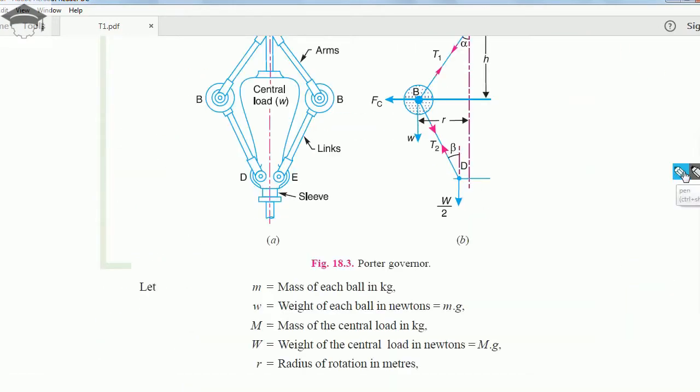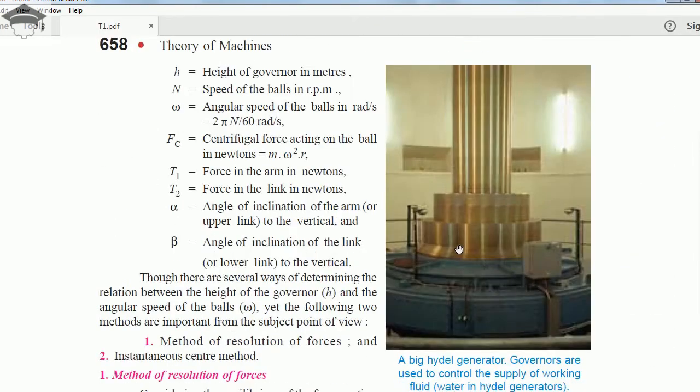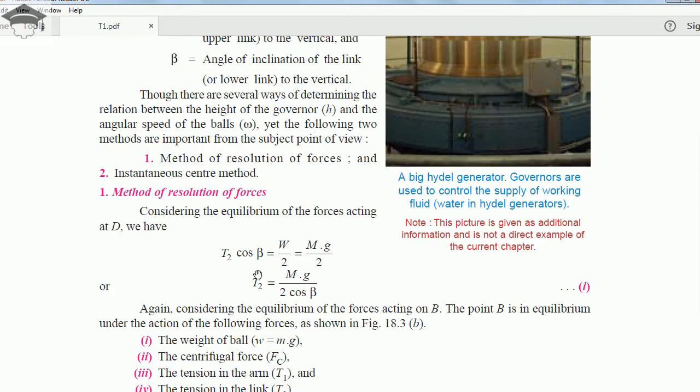When we are resolving along the y-axis, then W by 2, capital W by 2, equals T2 cos beta. So T2 comes out to be W by 2 cos beta, and we are substituting the value of W as capital M into g. So finally we get T2 equal to capital Mg by 2 cos beta. This is relation number 1.